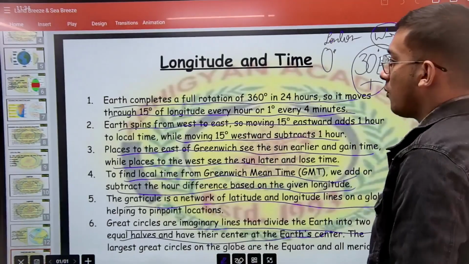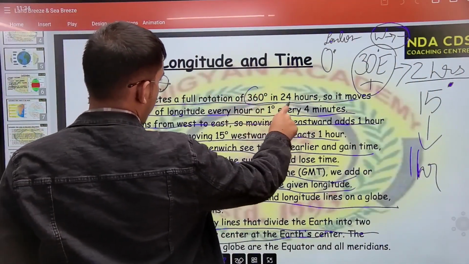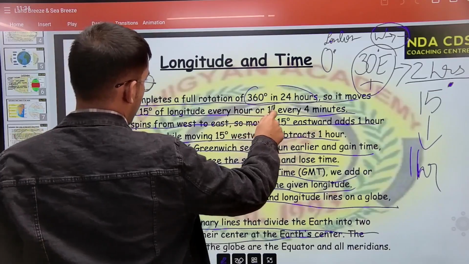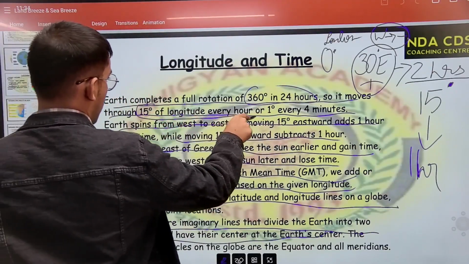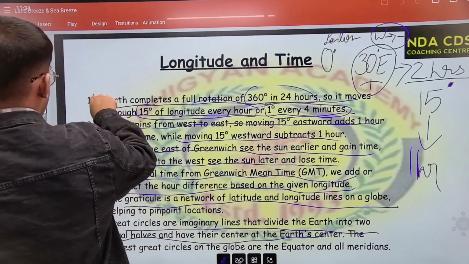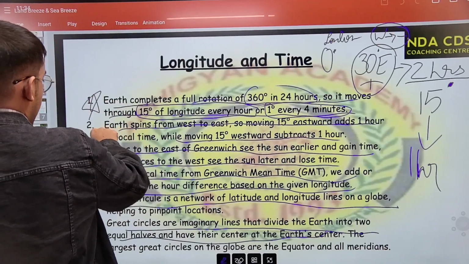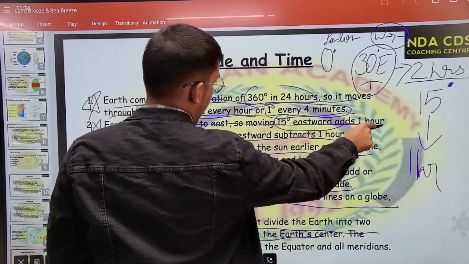So here, one thing you have to remember is, firstly, Earth's full rotation is 360 degrees in 24 hours. So it moves 15 degrees every hour, or 1 degree every 4 minutes. So it is important. Then this one: while moving east, add 1 hour.